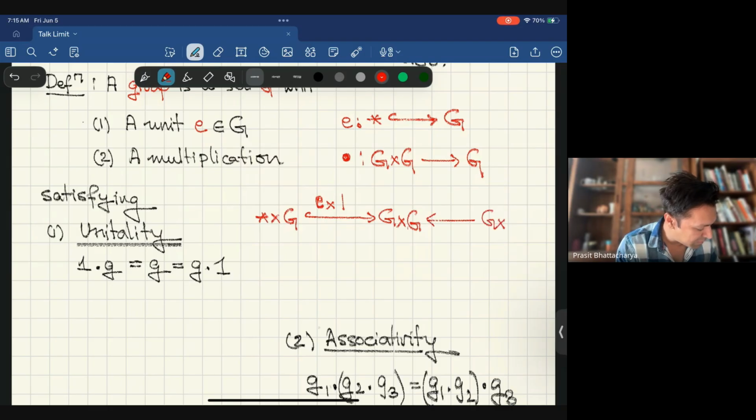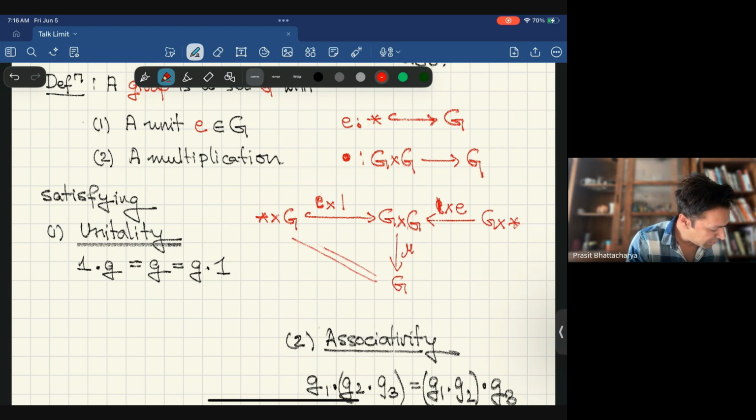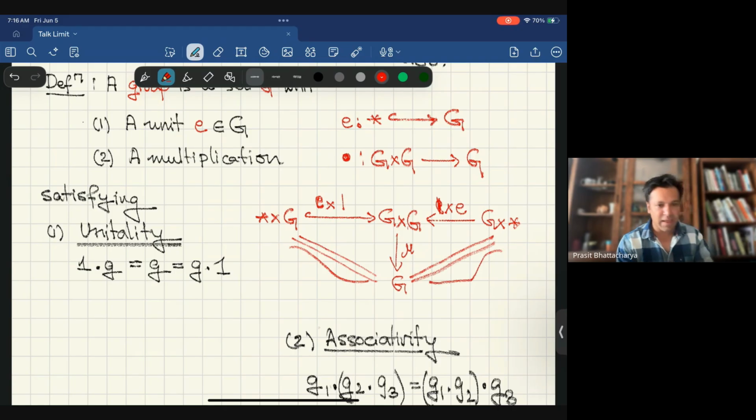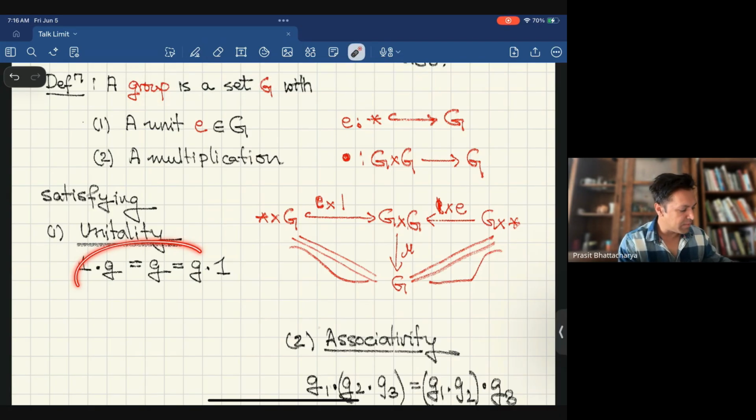So g cross a point, 1 cross e, and then you're going to use the multiplication to land in g. But look, a point cross a set G is canonically isomorphic to G. So use that isomorphism, and you want to say that this diagram commutes. Commutativity of this diagram is equivalent to writing this equation.